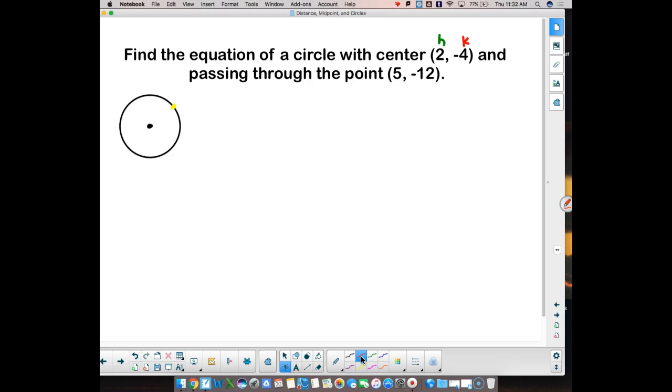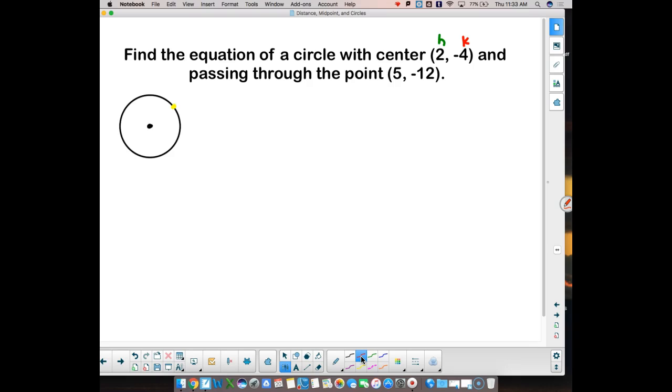What do we just need? The radius. And how are we going to find the radius? Plug the point in the formula and solve for the radius? Nope. Even easier. Use the distance formula, the distance between 2 points.